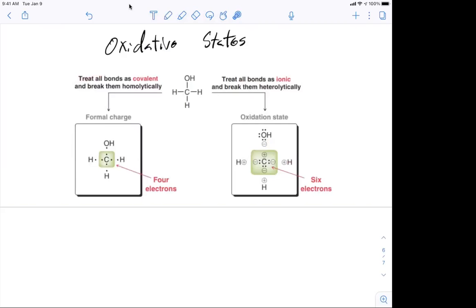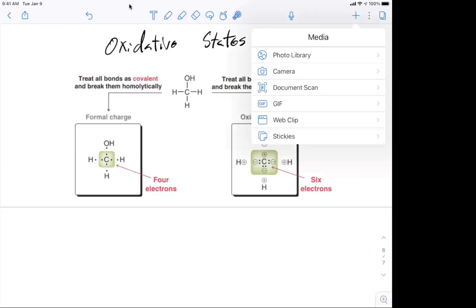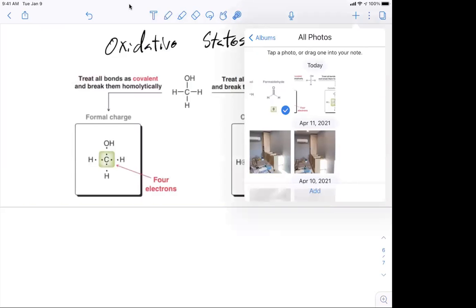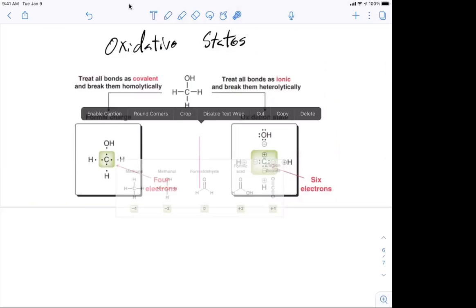So if we had a carbon with 4 oxygens attached, all 4 of those oxygens would be more electronegative. So therefore they would take all the electrons and the carbon would be left with no electrons, which would mean a +4. So the idea behind this is looking at the electronegativity of what we're attaching.